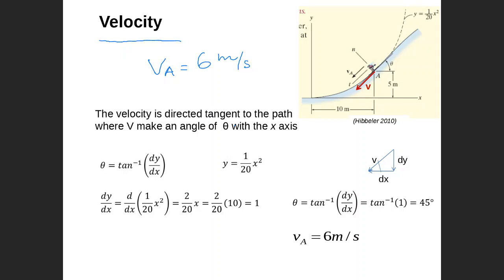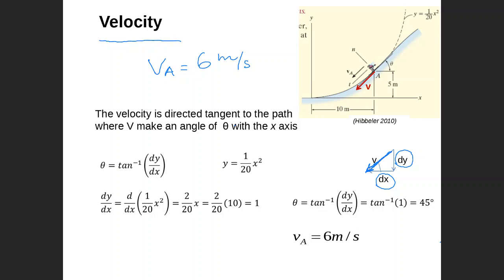Let's acknowledge a simple relation: velocity can be broken into two components, x and y components. So we have motion in y direction and motion in x direction, and those two components of velocity will give us the total velocity of this particular particle.